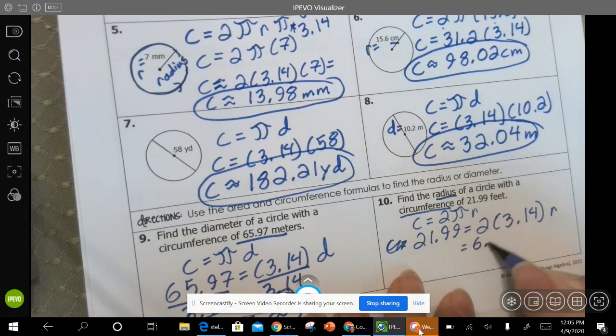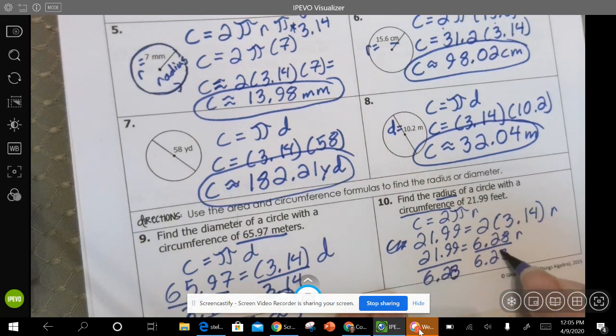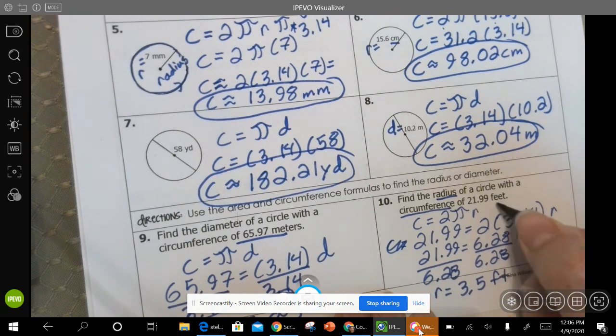So we get 6.28. And then remember, we want to get r by itself. We're solving for the radius. So we divide each side by 6.28, and we're going to get that the radius is 3.5 feet. The units are feet.